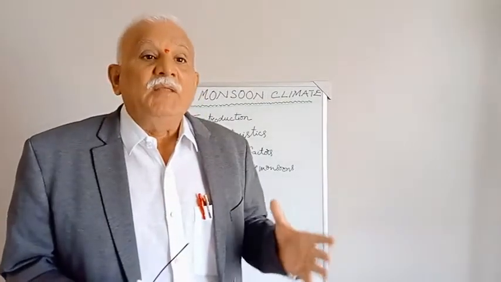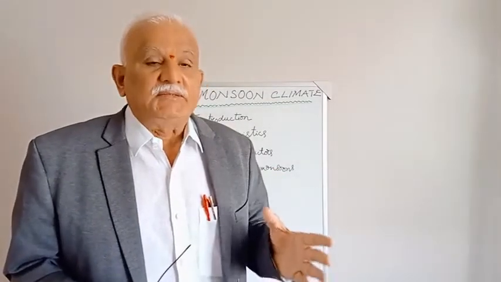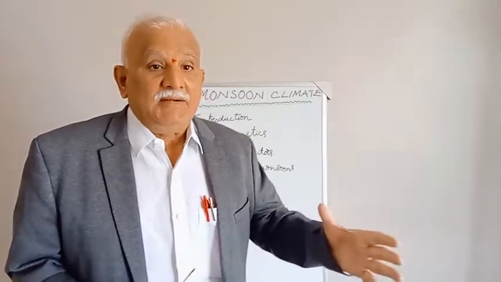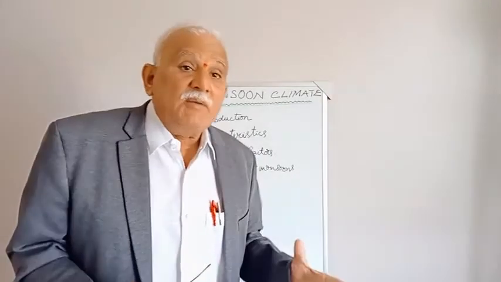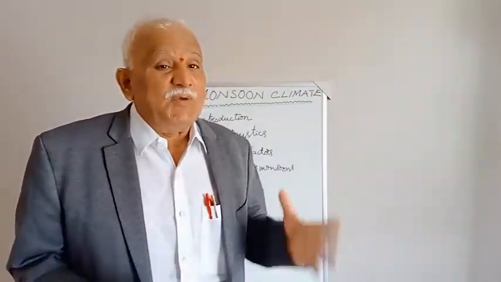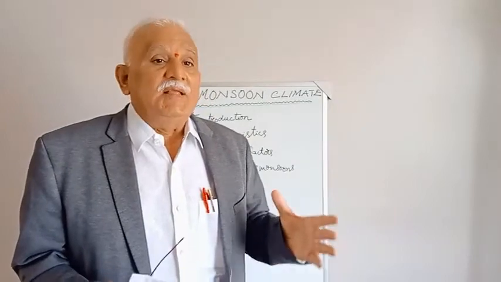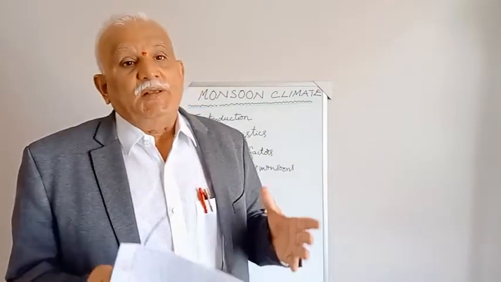I repeat once again, warm moist winds enter the Indian subcontinent predominantly from the southwest direction. That's why it is known as the southwest monsoon. It is also known as the summer monsoon.